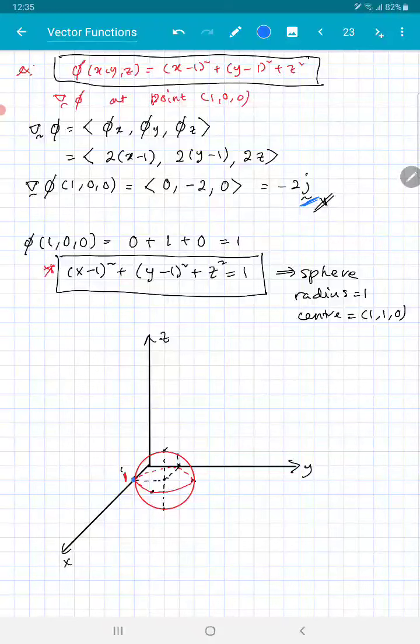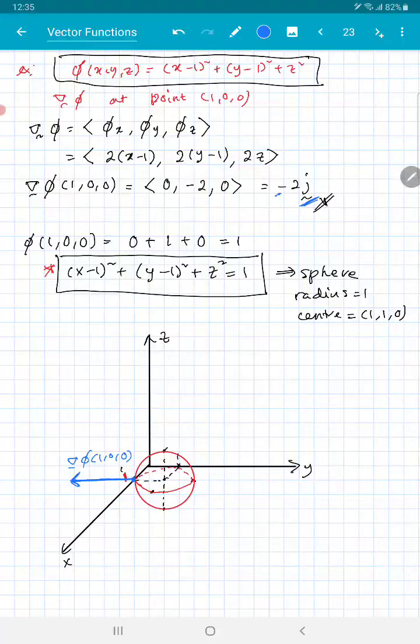You start from point (1, 0, 0), which is on the surface, and then move 2 units to the left because we have negative 2j there. So this would be the normal vector to the surface at point (1, 0, 0). This is the gradient of phi at point (1, 0, 0), which is equal to negative 2j.